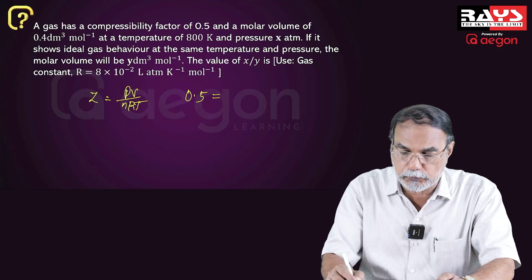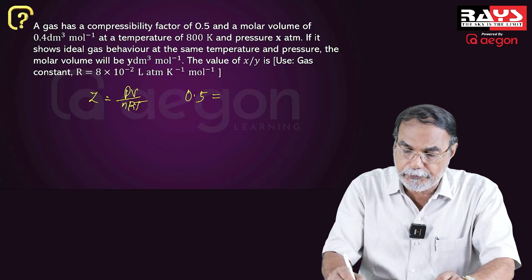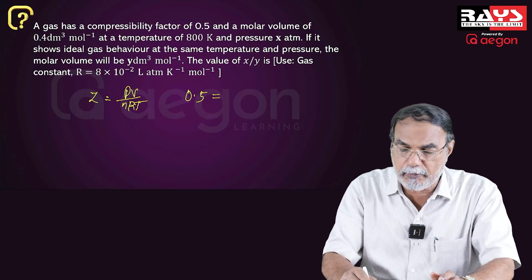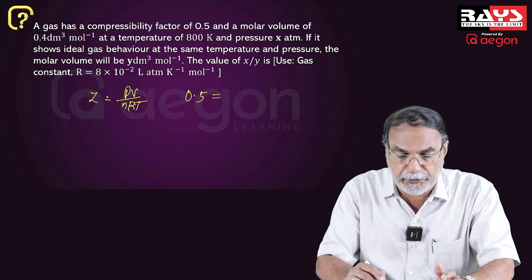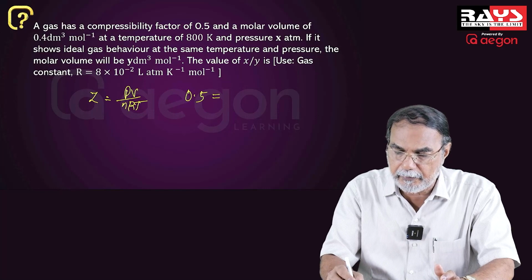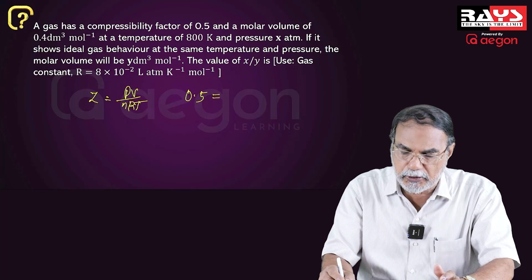So it is P into, and what is P? The pressure is given as X atmosphere. A gas has a compressibility factor of 0.5 and a molar volume of 0.4 dm cube per mole at a temperature of 800 Kelvin and a pressure X atmosphere.